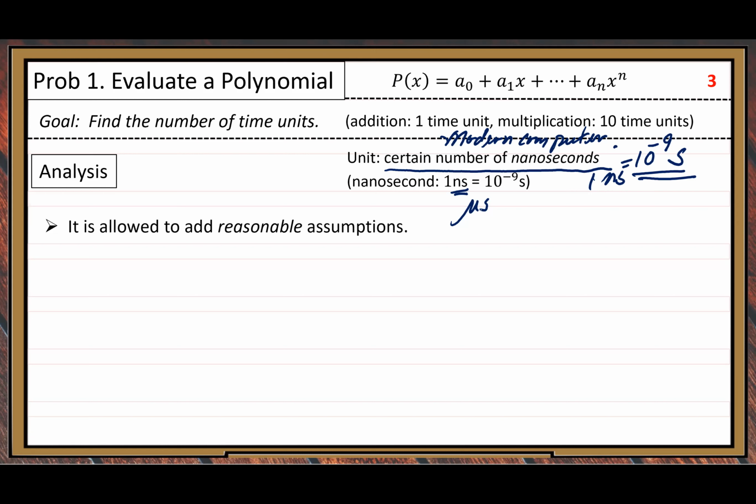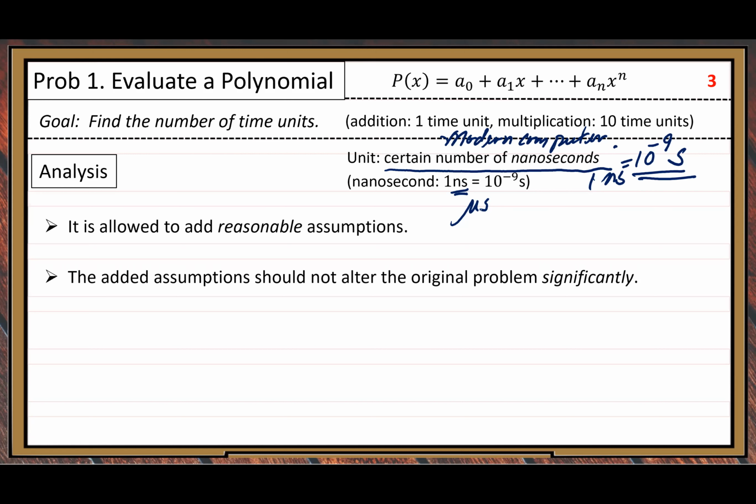Now in our analysis, it is allowed to add reasonable assumptions. The added assumptions should not alter the original problem significantly. If our assumptions make our problem significantly easier or harder, then it's not a good assumption. We should not take that kind of assumption.